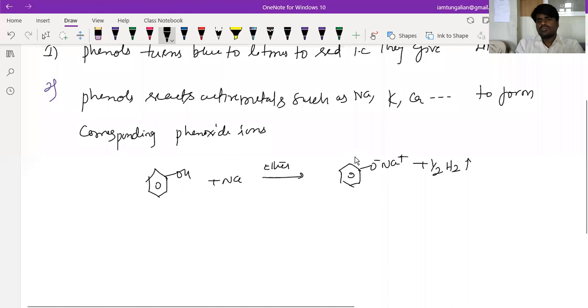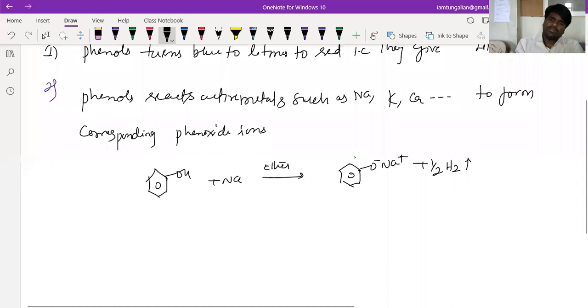This acidic nature of phenol can be detected as follows. The first thing we can say, beta: phenols turn blue litmus red, they give the litmus test.